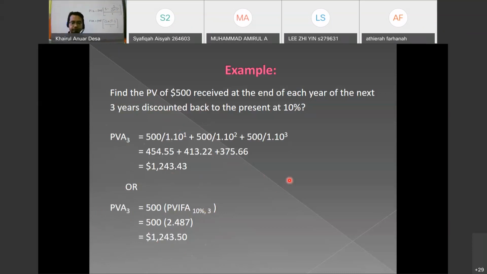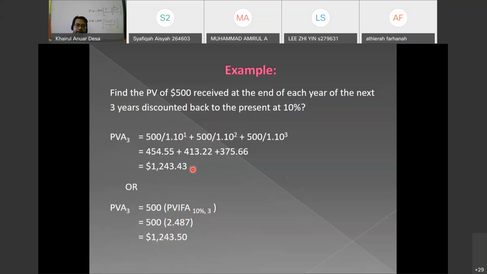So boleh dapat? So cuba kira, dapat atau tak? Boleh dapat? The answer is 1243.43. 1243.50 using the table.